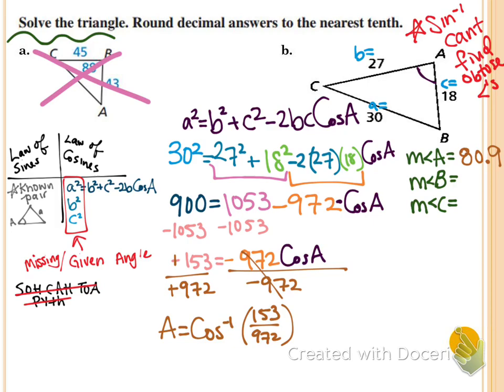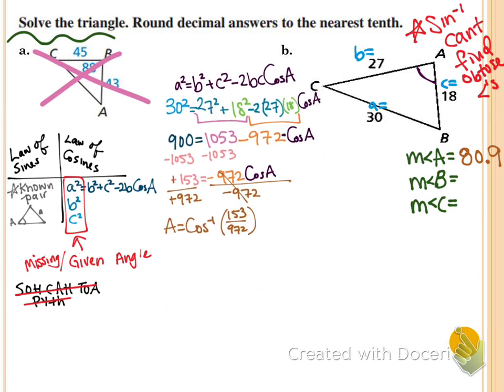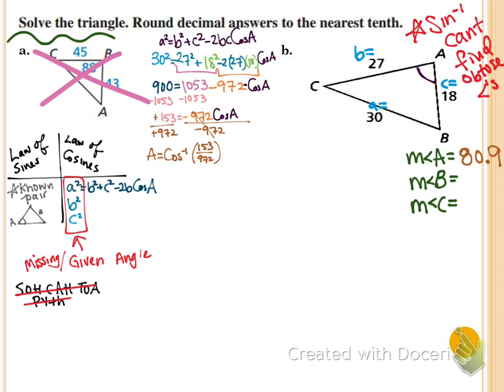This is a case where if you want to ensure the absolute correct answer, you don't round. So here's what I mean by that. Yes, round it when you write the answer out, but whenever we go to plug it in and use it as a known pair, you don't use the rounded answer.